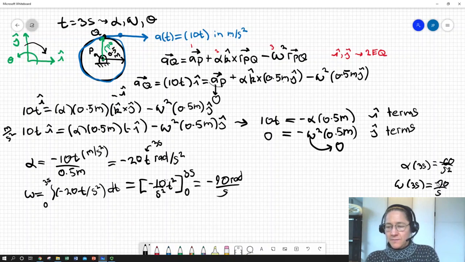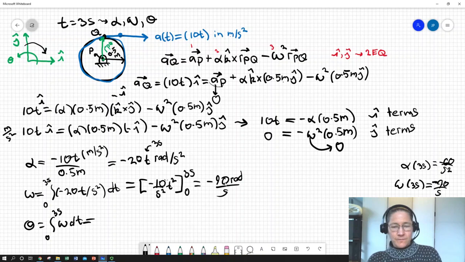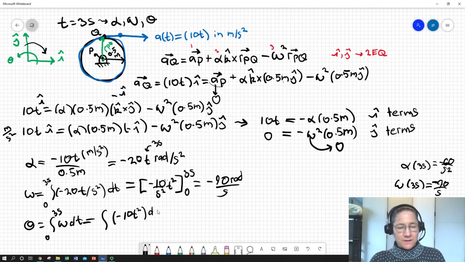per second. And then last but not least, we can integrate that again and get our displacement. So that's the integral from 0 to 3 seconds of omega dt, which is equal to the integral of negative 10 t squared dt.